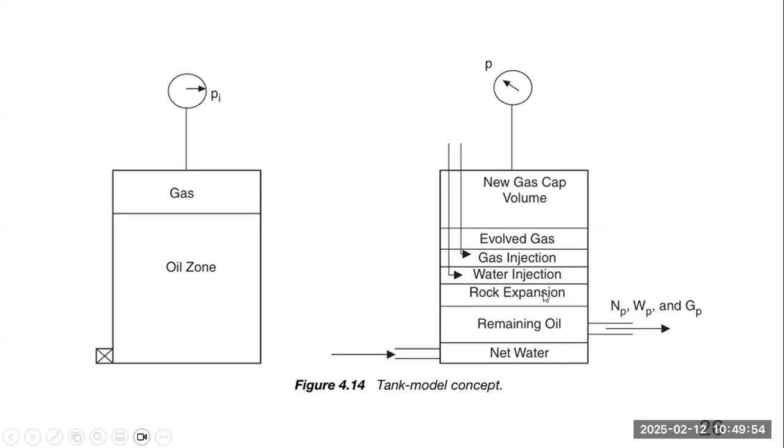So rock expansion, you have the remaining oil, and then you have the water, the net water. So all this leads to oil production, your NP, your water produced, and your gas produced. The effect of all this all together. So the net summation of all this should be zero.